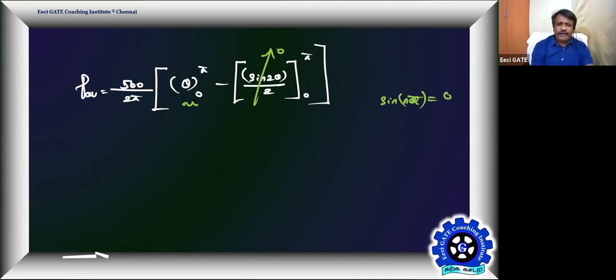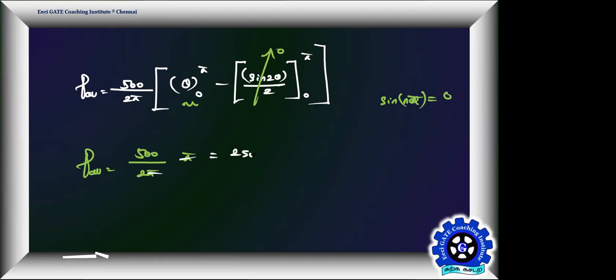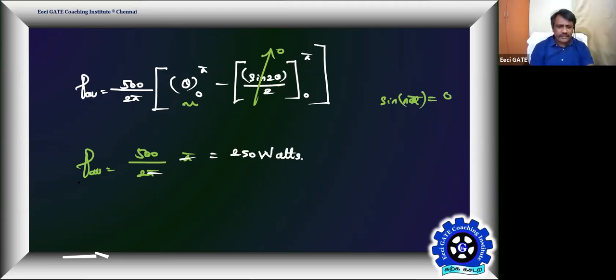Therefore this is the only one going to contribute to the average power delivered by the source. So what we get is 500 by 2 pi into pi minus 0. So it's only pi. Pi and pi will get cancelled. 500 by 2, what is that? 250 watts is the power delivered to the load.